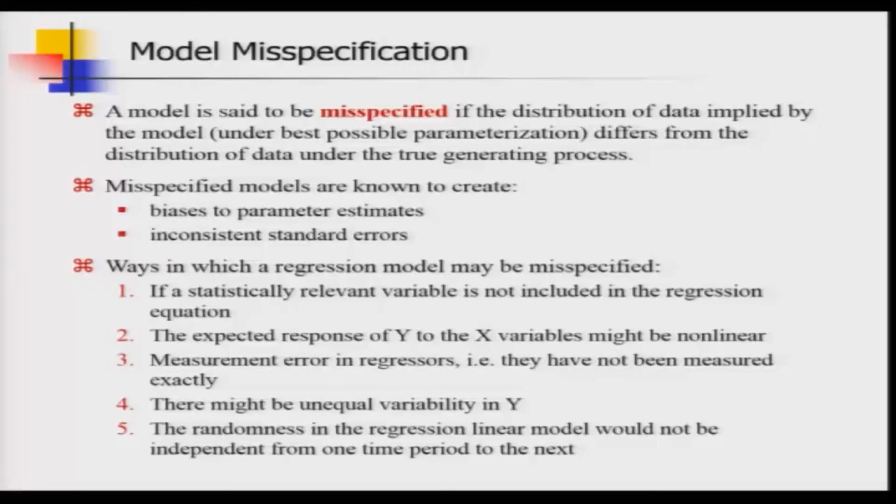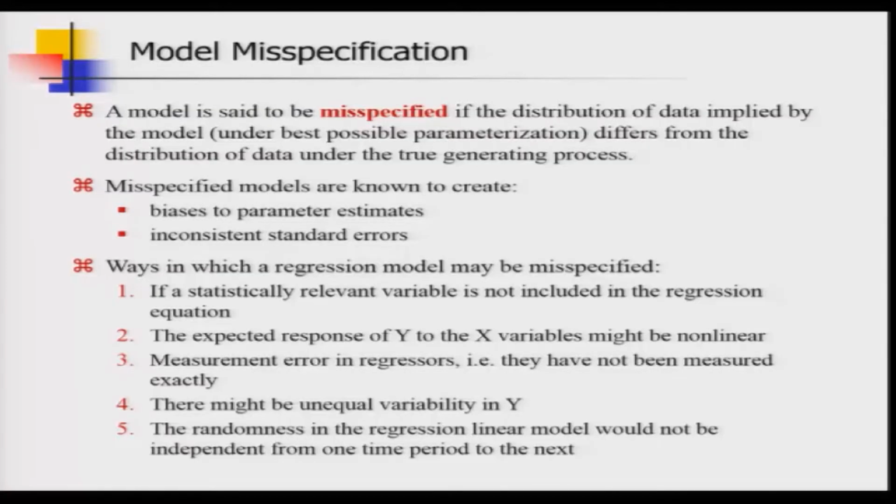Mostly they are going to create two types of nuisances. First, they are going to create biases in the parameter estimates. And what do we mean by bias? If you remember the discussions in part 1 of this course, I introduced this term called bias.